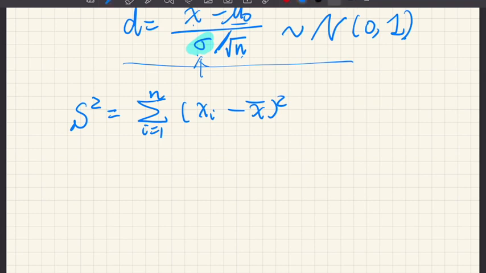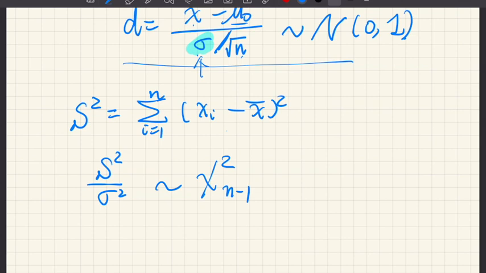as we have learned before, this S squared over sigma squared follows the chi-square distribution. Of how many degrees of freedom? There are n terms here. In that case, we have n minus 1 degrees of freedom.